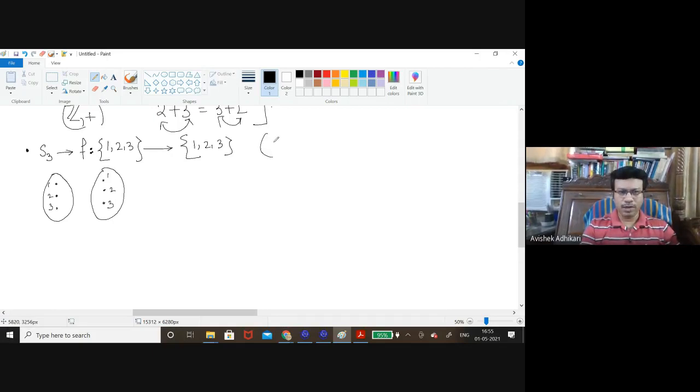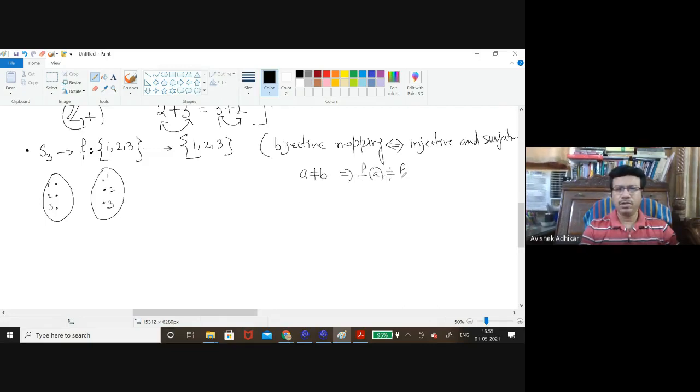It is bijective if and only if it is injective and surjective. Injective means that if A not equal to B, that implies F(A) not equal to F(B).